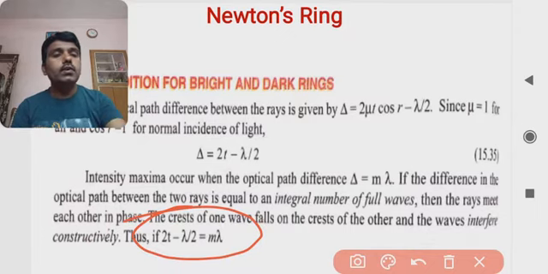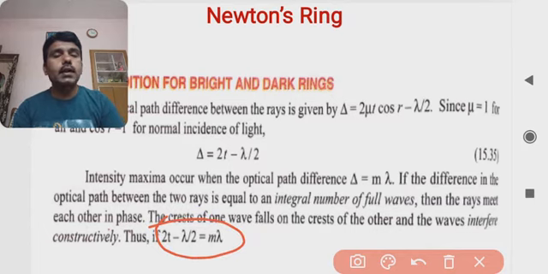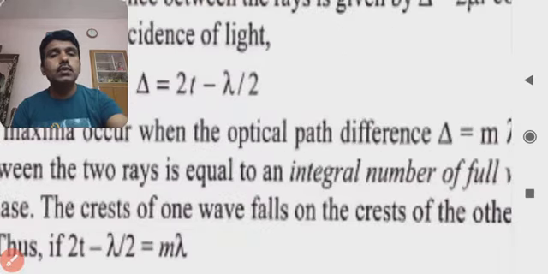When the path difference is a multiple of the incident light wavelength, that is 2t minus lambda by 2 equals m lambda, then we have the bright fringe. So this is the simple case where the path difference 2t minus lambda by 2 is equal to integral multiples of the incident light wavelength, and at that time the bright fringe will be formed.